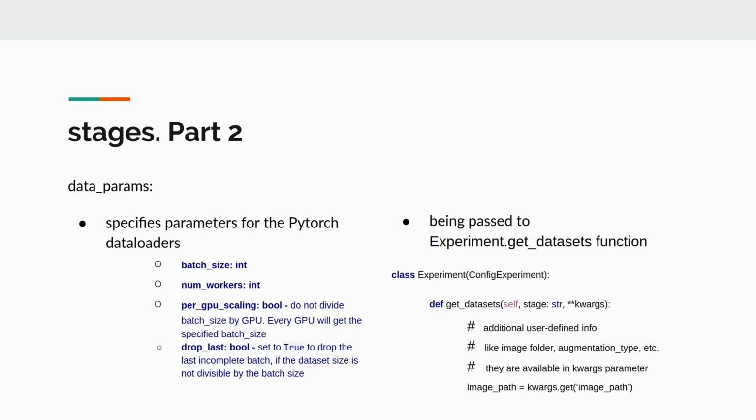The second one, the parameters are passed to the get_datasets method of your custom experiment. The get_datasets function returns a dictionary of datasets, so you can construct your datasets with custom image folders, augmentation types, etc.